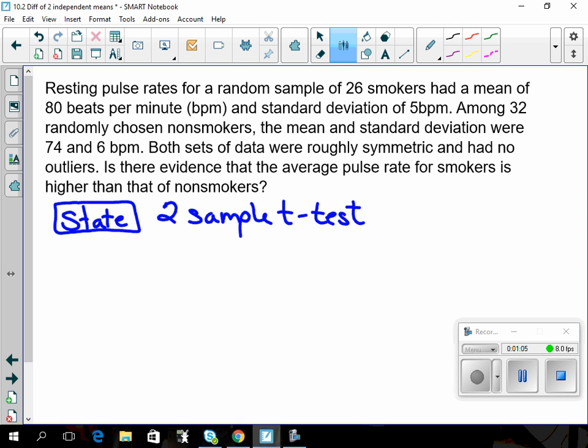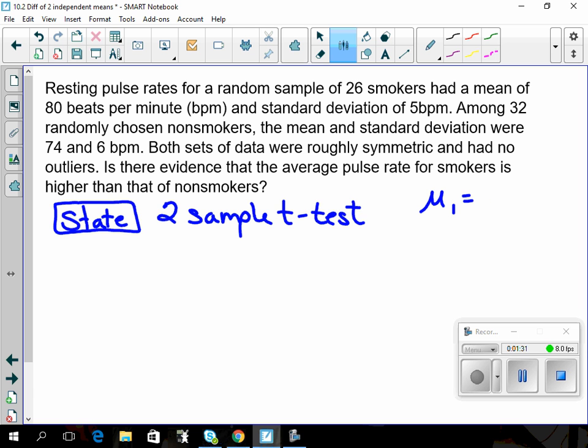Okay, so two-sample t-test. We probably also need to talk about our two different populations, right? And so what are our two different populations? Smokers and non-smokers. Since they talk about smokers first, I'm going to call that one mu1. Think about notation. With proportions, you should have been talking about your parameter of interest in terms of p, because it's a proportion. But with means, we're talking about mu.